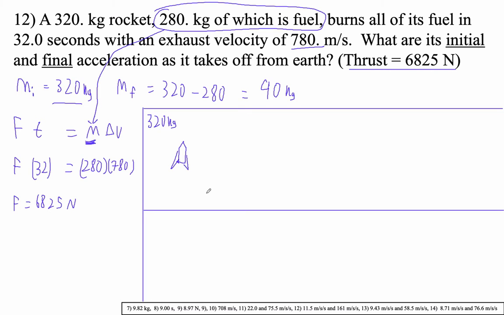So the force downward is going to be 320 times 9.8. Let's figure that out first. 320 times 9.8. 3136 is the force downward. The force upward is going to be our 6825 that we figured out.